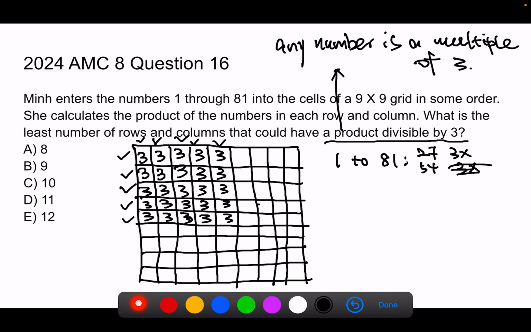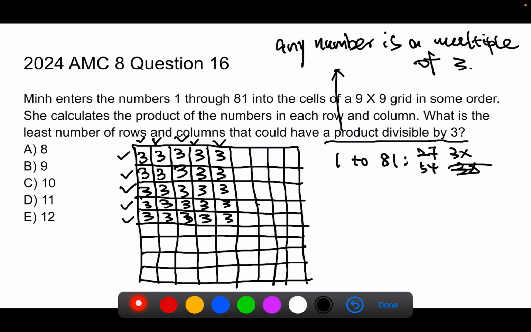By putting those 25 multiples of 3 into a square right next to each other, I only have 5 rows and 5 columns, so 10 rows and columns divisible by 3. Now you have 2 more numbers. Where would you put them? Remember, wherever you put them, you will need to increase the number of rows or columns divisible by 3. Just try to minimize it.